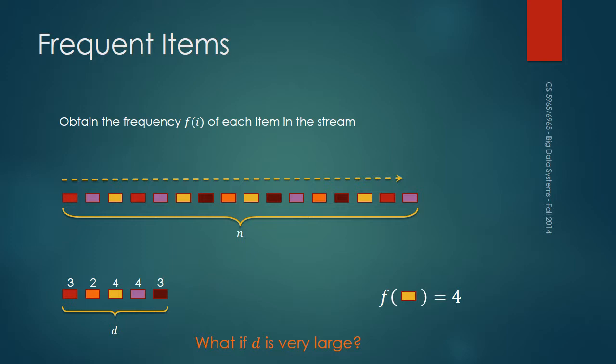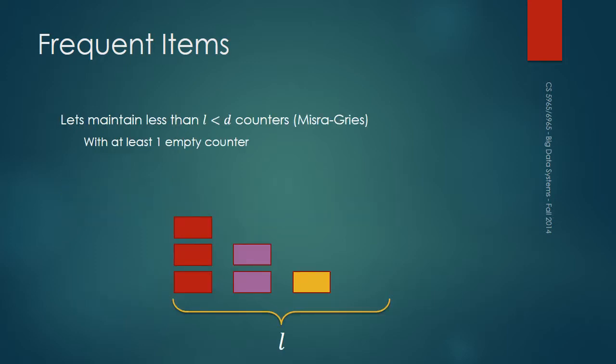The question, of course, is what if D is very large and I can't store it? We did something along these lines when we were looking at clustering, but some of it will probably come back to you soon. This algorithm is called frequent items. It's proposed by several people, but we're looking at a version by Misra and Gries. The general idea is that we maintain a bunch of counters, fewer than the total number of variables.